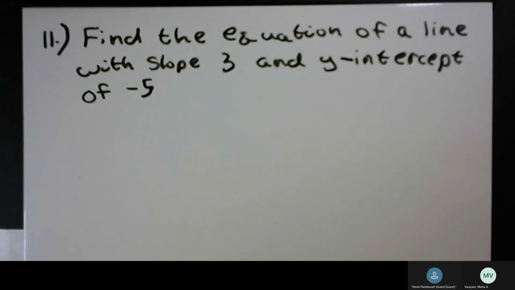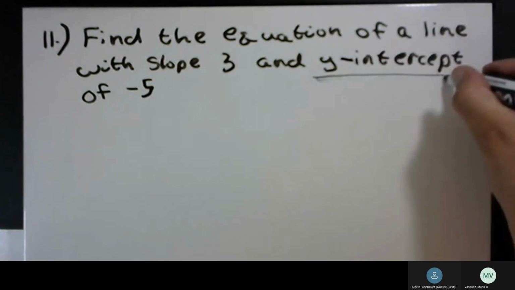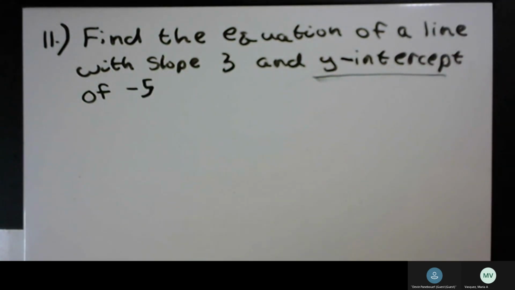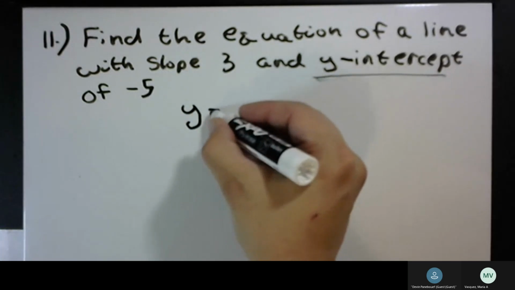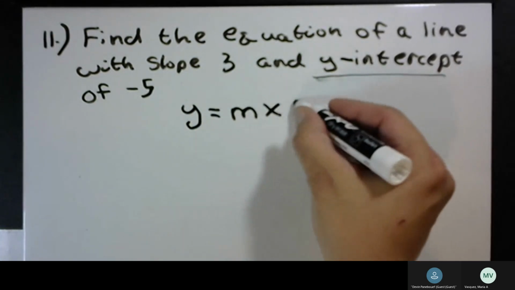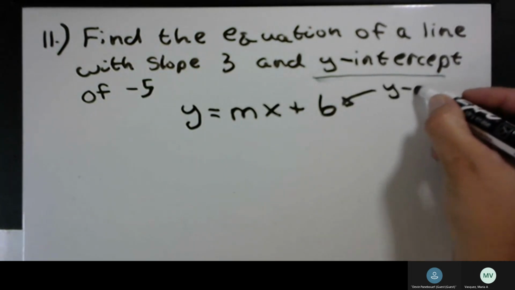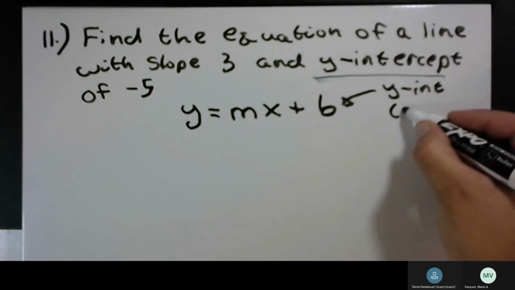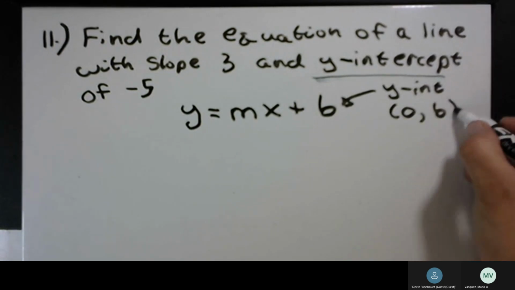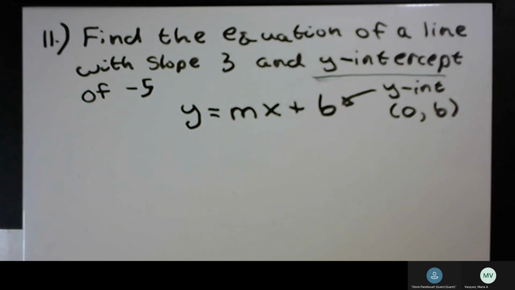But when we have a y-intercept, we kind of luck out because we can use y equals mx plus b, where this is the y-intercept 0, comma, b. It's always 0, comma b, right? Yes, 0, comma b. That is correct. Always 0, comma b.